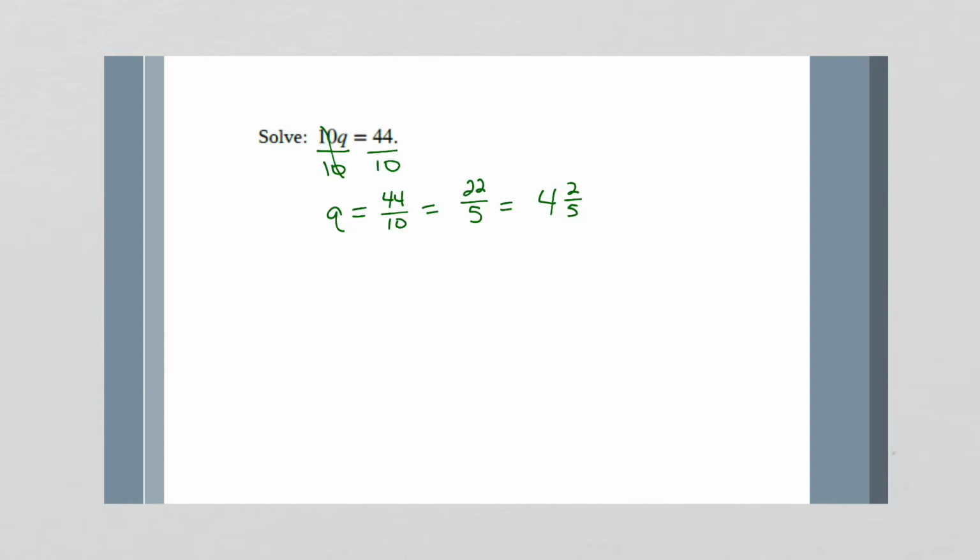Prefer that you not give me the decimal, but if you gave me 4.4, I would not mark that wrong. But again, let's keep it with one of these two. And honestly, I prefer the improper more than the mixed number. So I like that answer the best. But if you gave me 4 2/5 or 4.4, I would not mark it wrong.